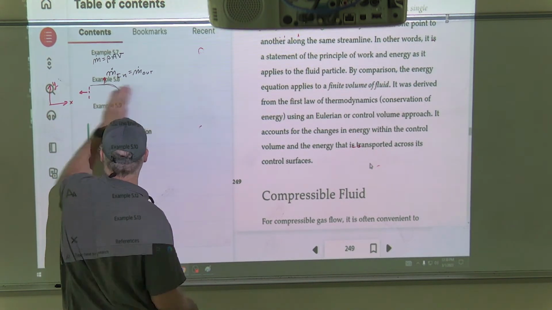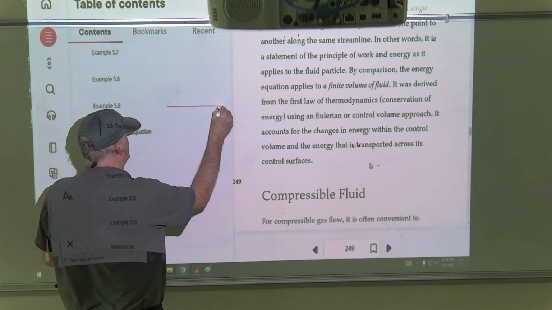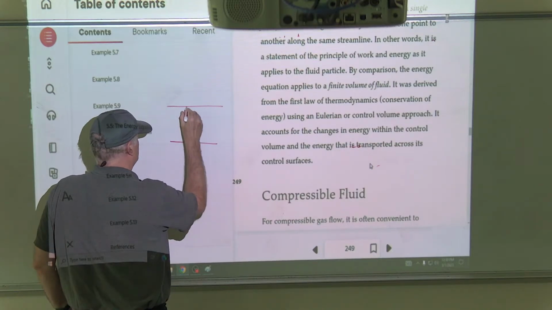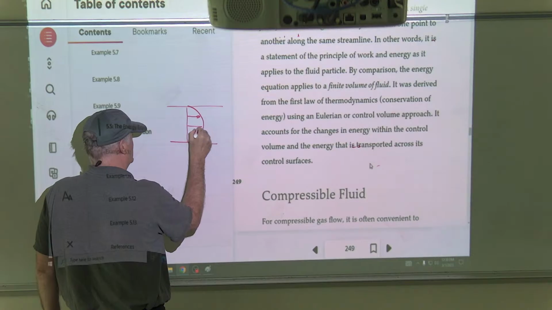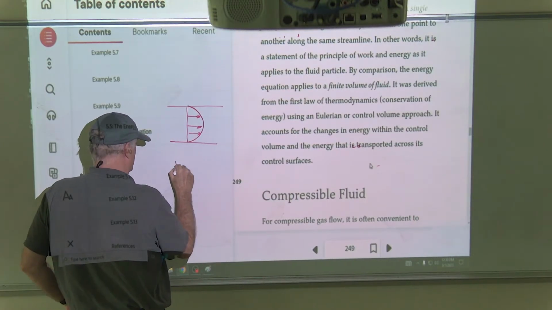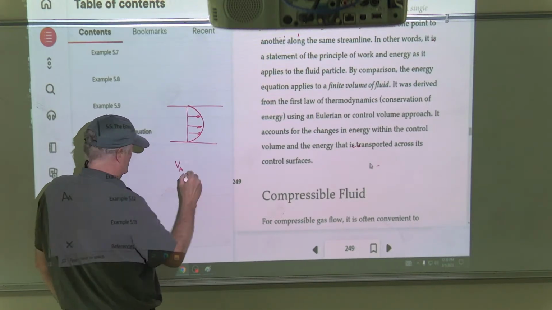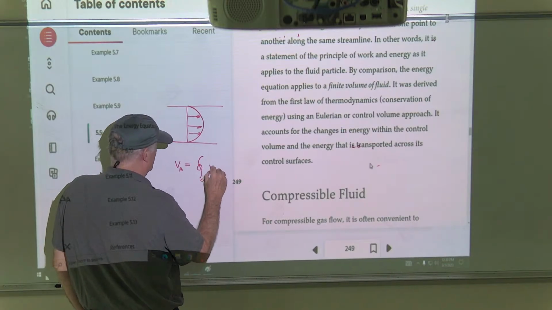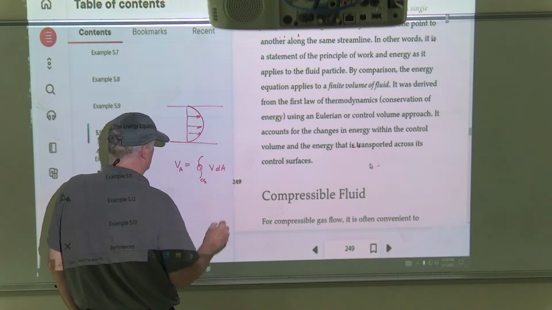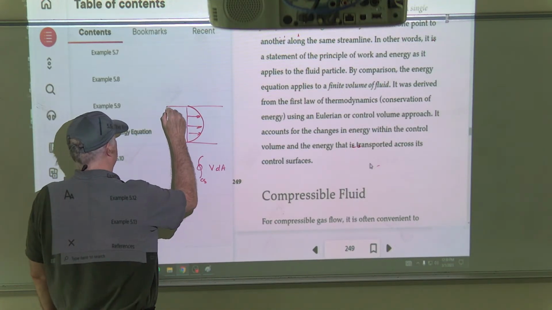And that is this: if you had a piece of pipe, and then you had, say, a parabolic equation that was the flow rate, then your V average, some average bulk, whatever, you could say control surface of the V dot, well, okay, I should say, it's kind of implied.